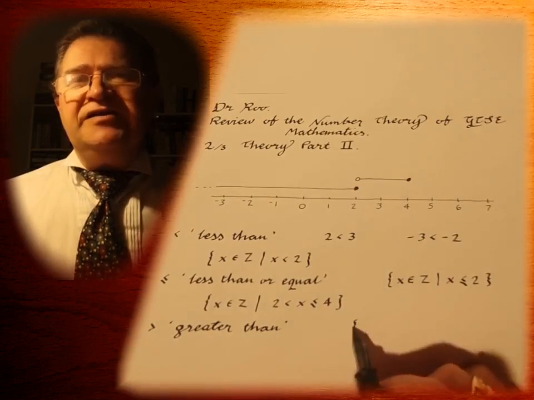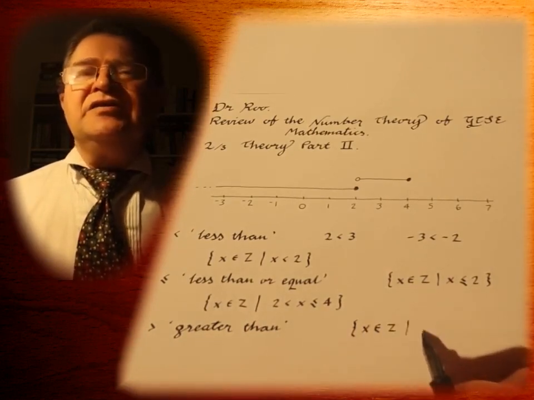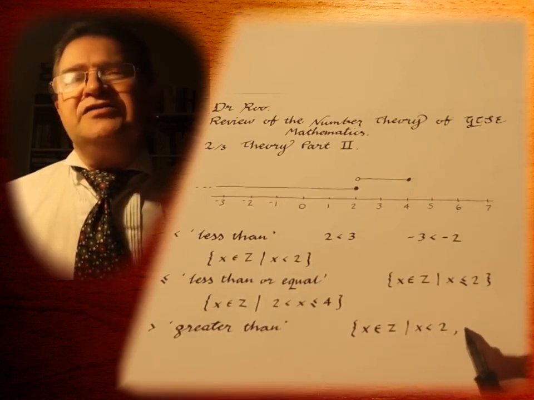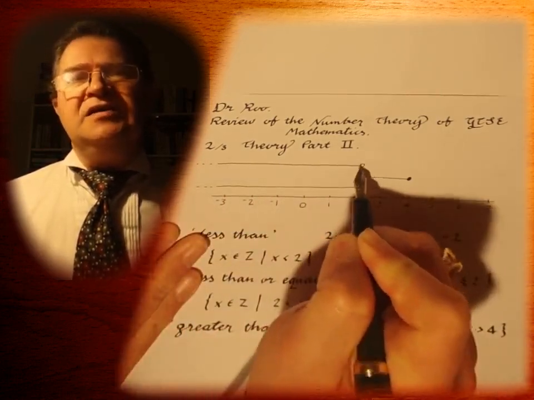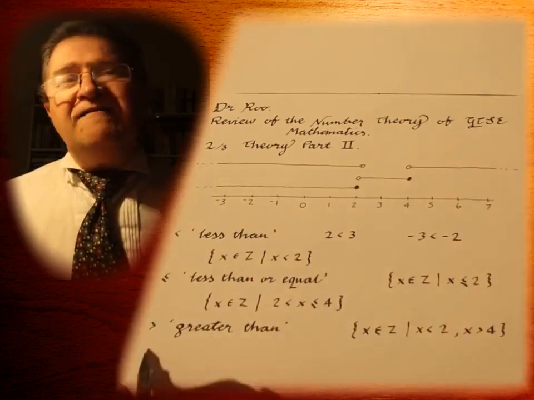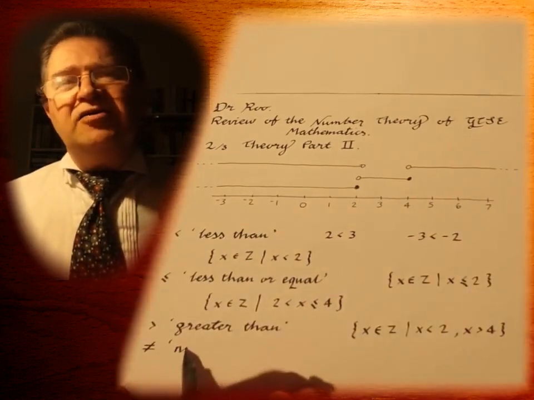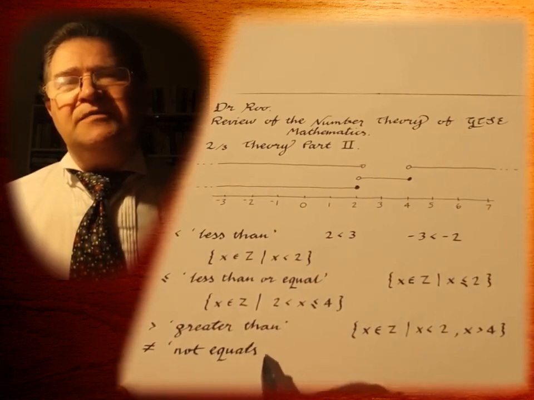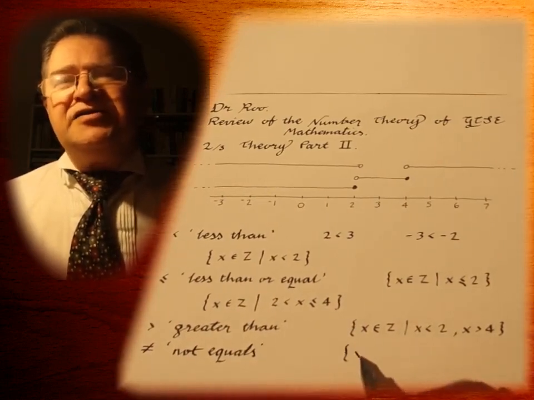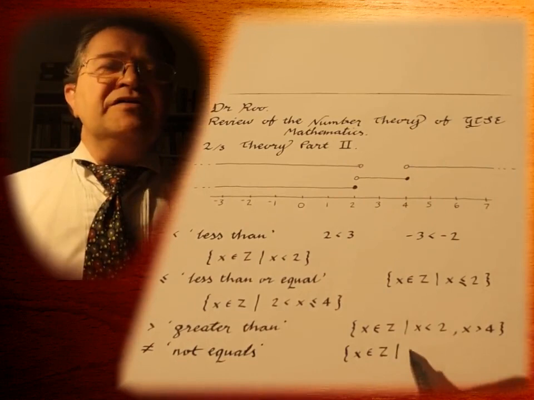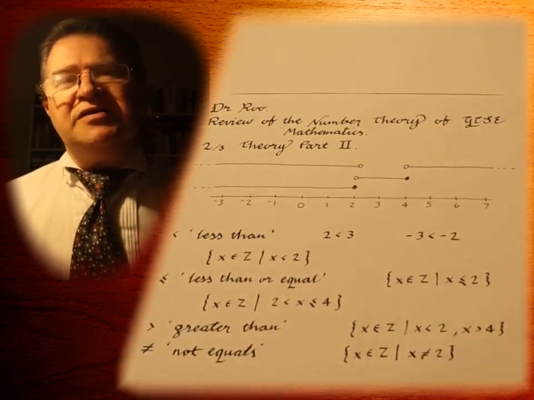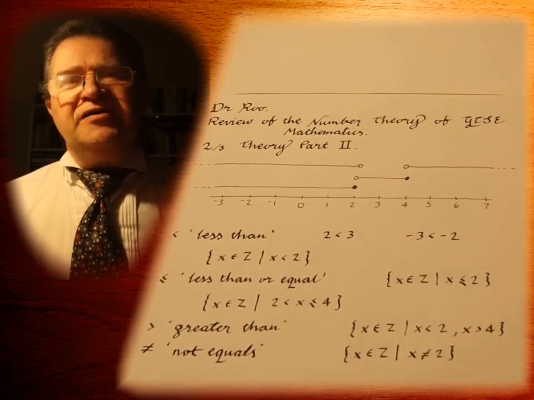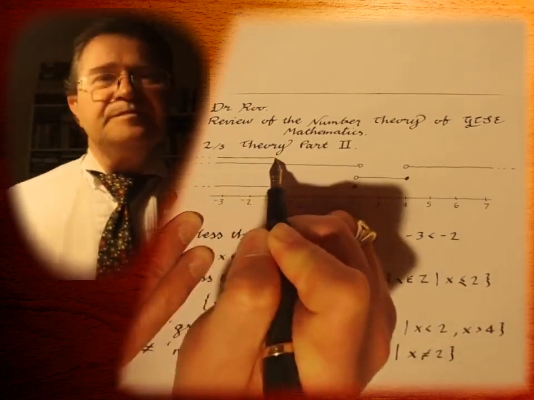The set of things in integers restricted to the things to the left of 2 and the things to the right of 4 is this disconnected region of the number line. Finally, we may consider the set of all numbers except a particular one. The set of things in integers restricted to the things not equal to 2 includes all the integers except the number 2 and would be indicated on the number line like this.